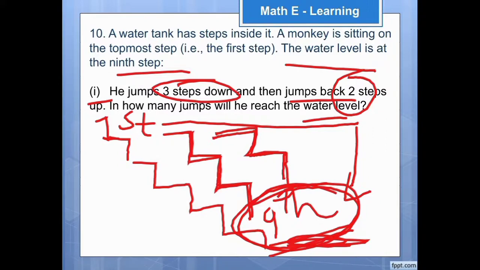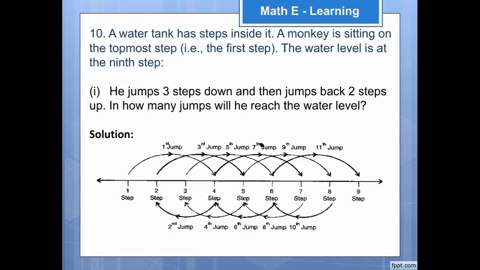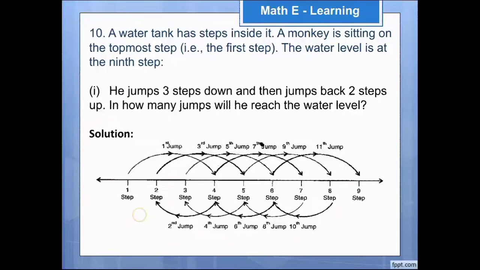And we understand this using one figure, given here. The monkey's initial position is here on the first step.